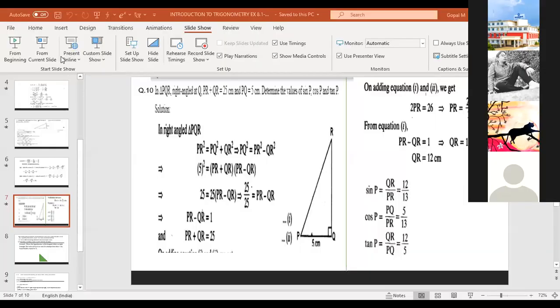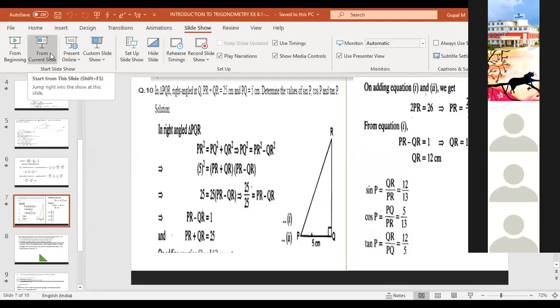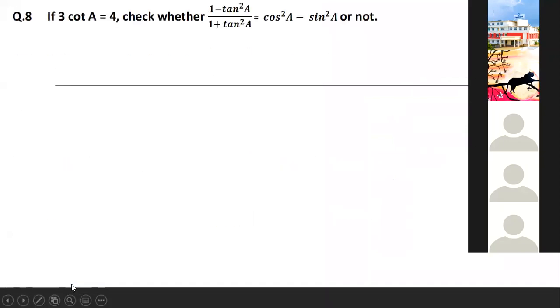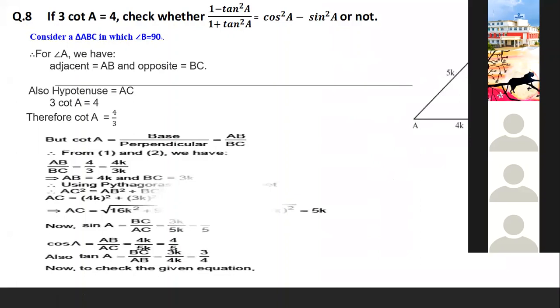If you have understood question number 10, or question number 9, we will move on, children. I'll take 5 minutes extra today if possible. I need to finish today's exercise 8.1. Children, please cooperate with me.